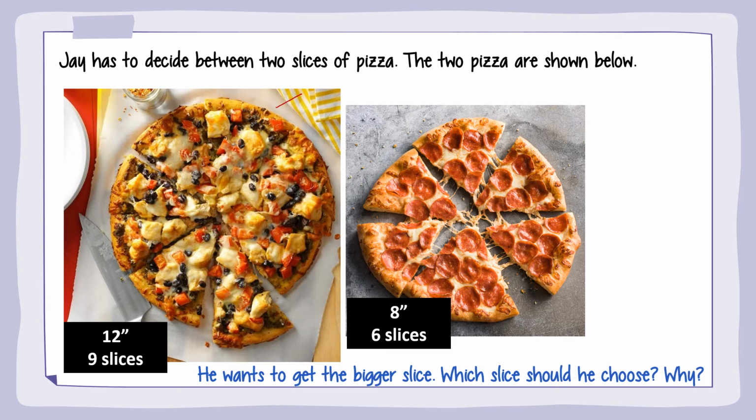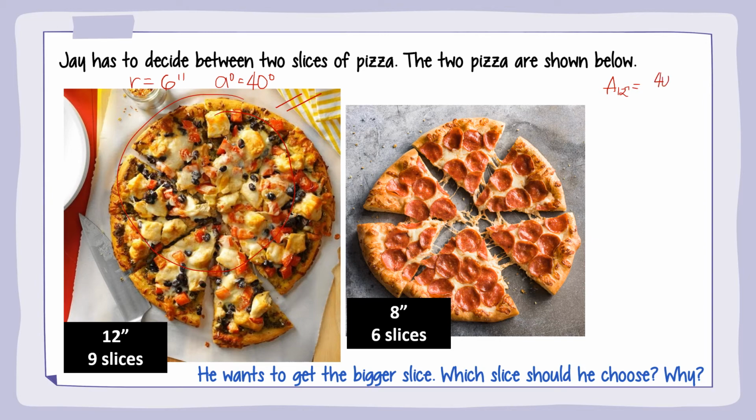Now, let's go to the first circle, or pizza rather. If we have 12 inches in diameter, ano ang kanyang radius? Yes, 6 inches. How about the degree? Kung ang isang buong pizza ay nahati sa siyam, ilan ang degree ng bawat slice? Yes, you have to divide 360 by 9. So we have 40 degrees. So let us now compute for the area of the 12 inches pizza.